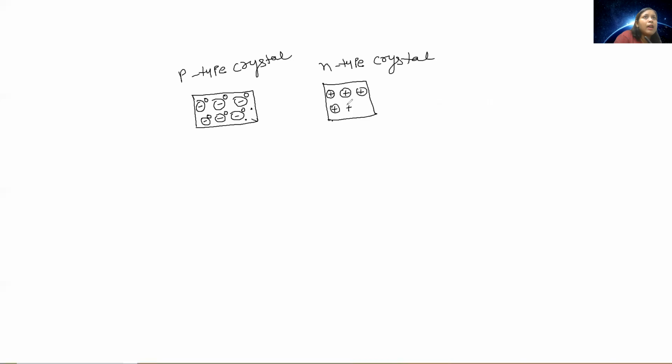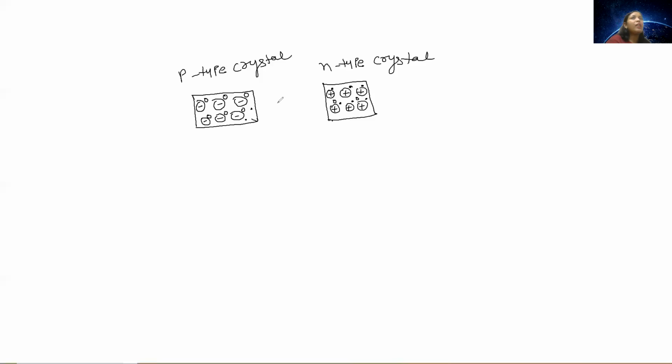So it has positive ions, and these number of ions are equal to the number of electrons, which I am showing by the dot shaded circles. And there are few holes, which give you the minority charges. So these are the two p-type and n-type crystals separately.